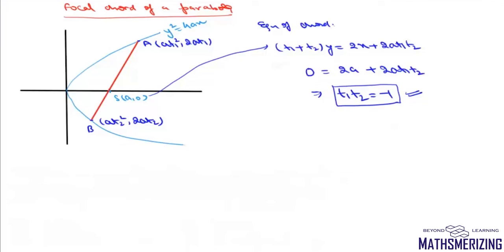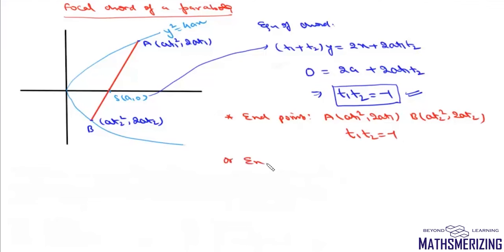So if you have any question on focal chord, then what you can do is either write the endpoints as A (a t1 square, 2 a t1) and B (a t2 square, 2 a t2), and then use the relationship t1 into t2 equals minus 1. Or another way of writing endpoints is, suppose A is (a t square, 2at), then we know that the condition should be t into t dash equals minus 1.